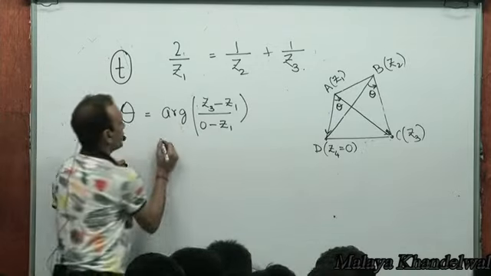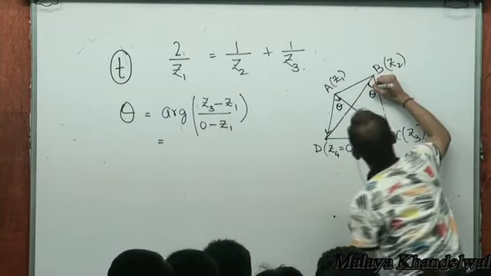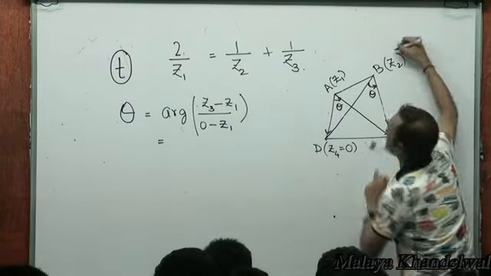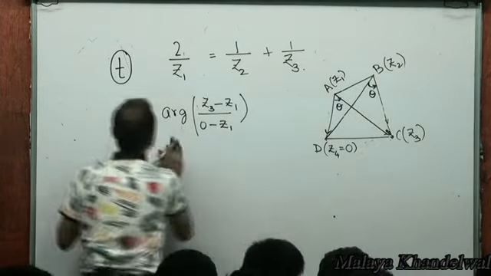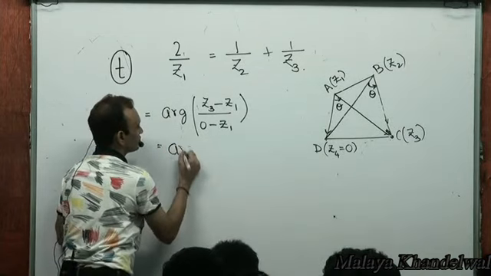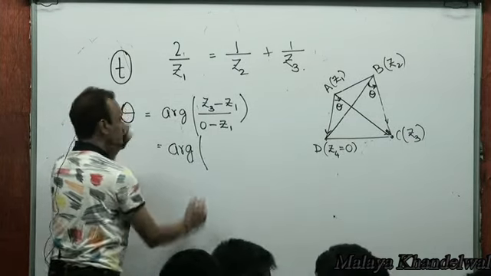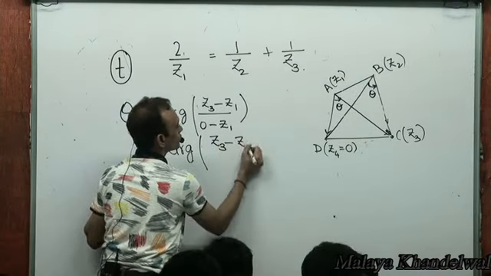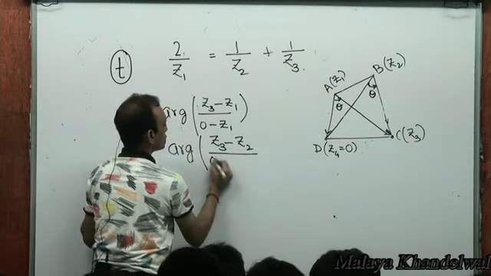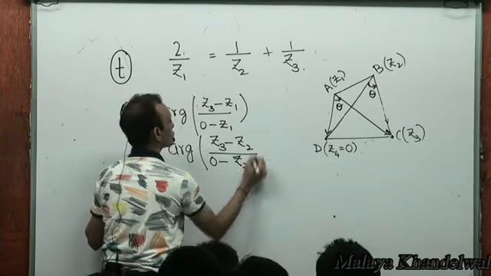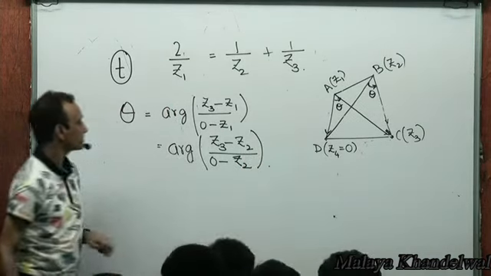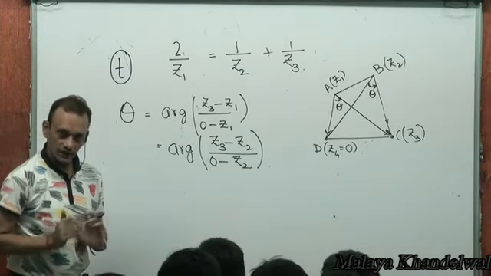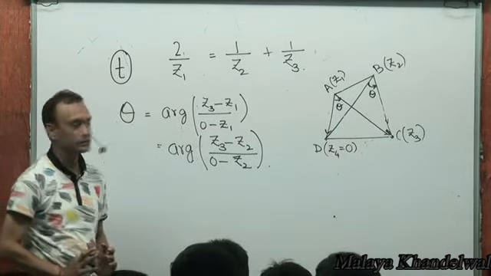And the same theta I can obtain by rotating 0 minus Z2 so that it coincides with Z3 minus Z2. So that must be the same as the argument of the final vector (Z3 minus Z2) divided by (0 minus Z2). Right? If they have to be cyclic, right?